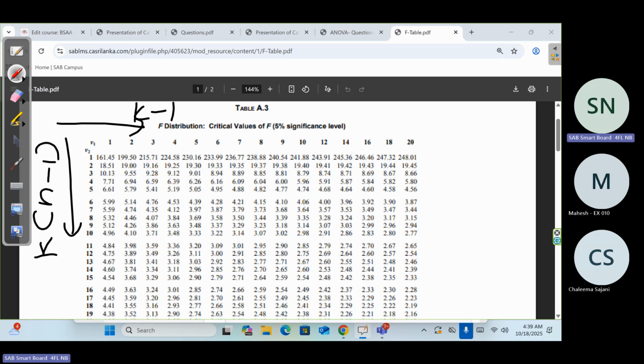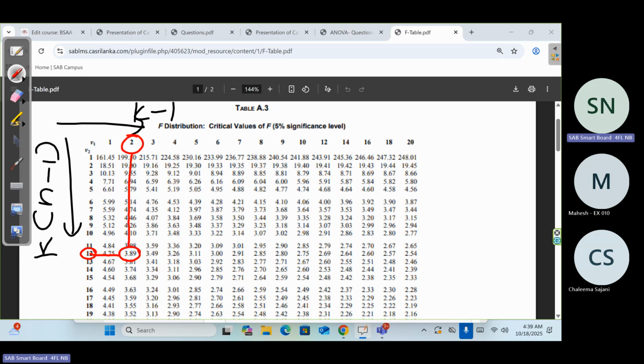It's 2. Then here we select 2. K into N minus 1 is 12. Then we can take the critical value. What is the critical value? 3.89.